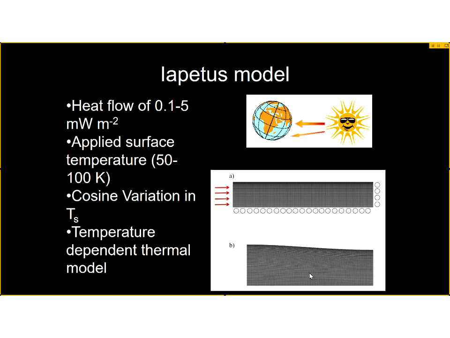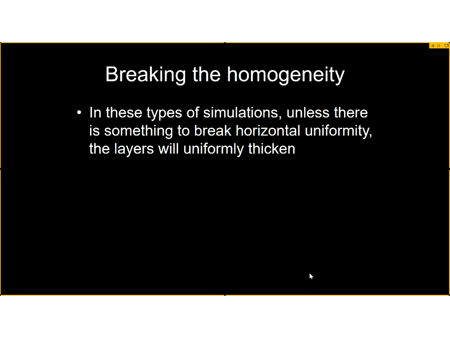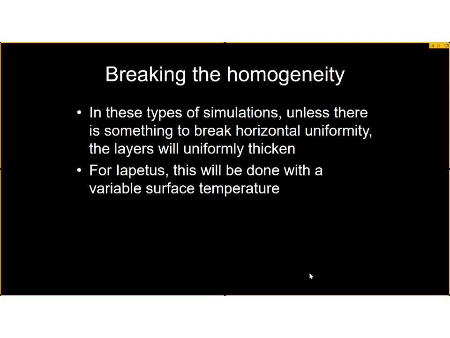And then all of the temperatures are going to be dependent on the thermal models that I picked. So this cosine variation becomes important because if you just squeeze a surface, you will get uniform thickening, and so nothing will happen in the model. So this surface temperature breaks this lateral homogeneity.